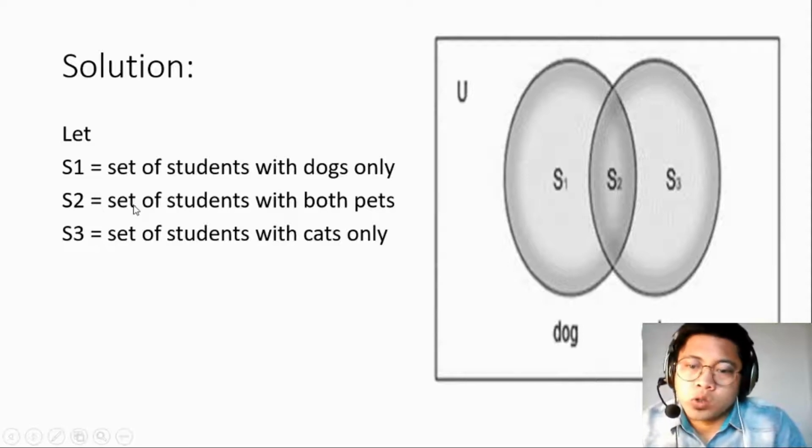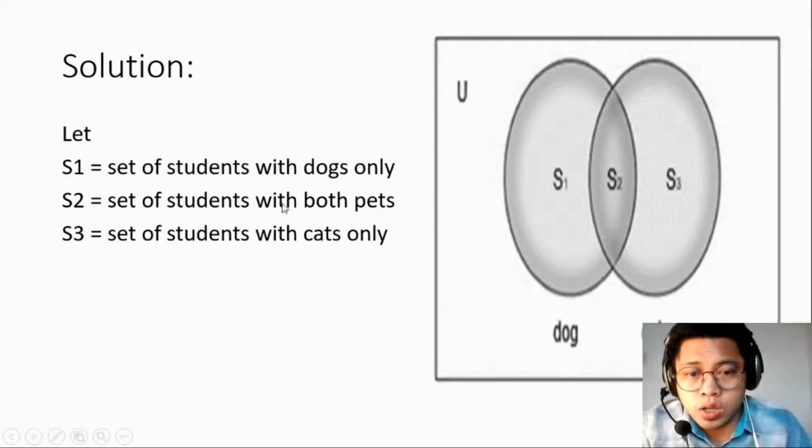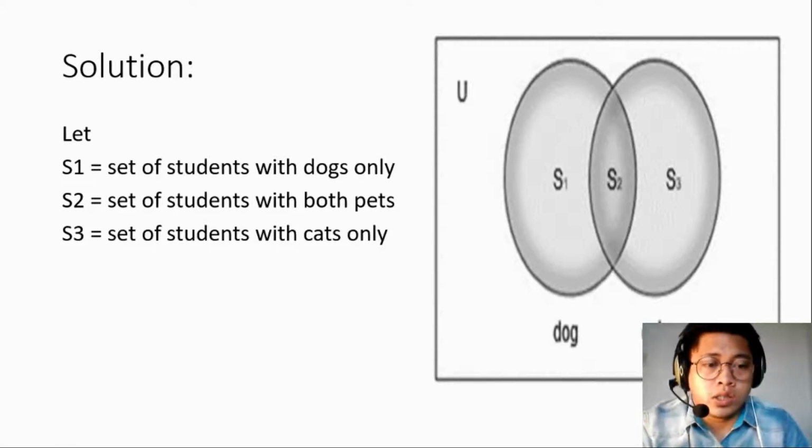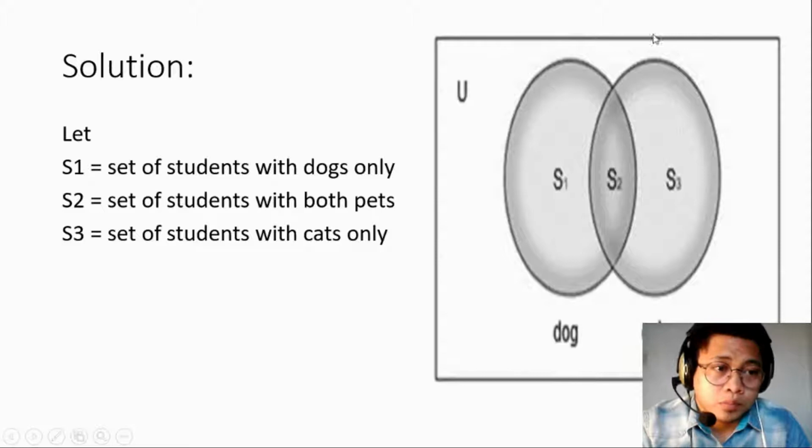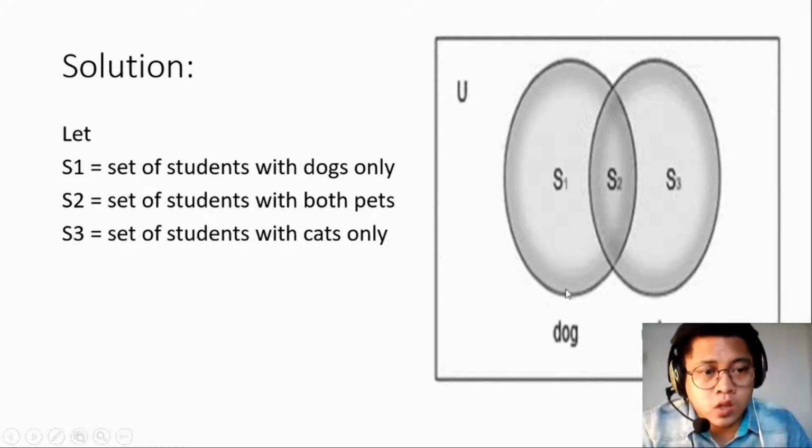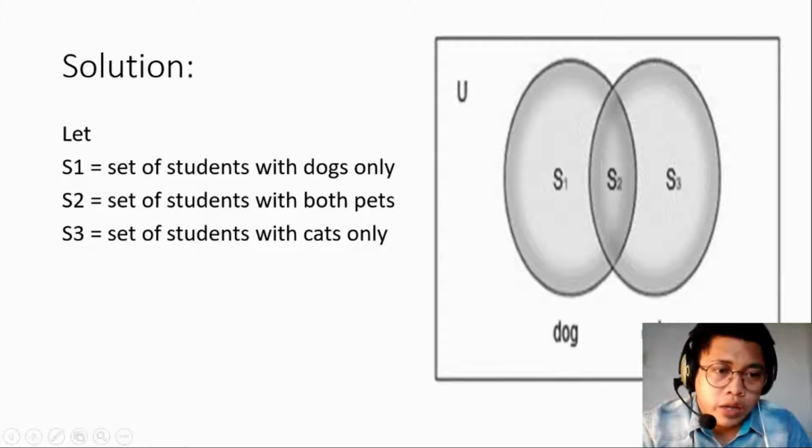Set 2 is the set of students with both pets. Set 3, set of students with cats only. So, again, from this Venn diagram, we have the universal set that consists of two intersecting circles. One circle for the students with dogs and another circle for the students who own cats.